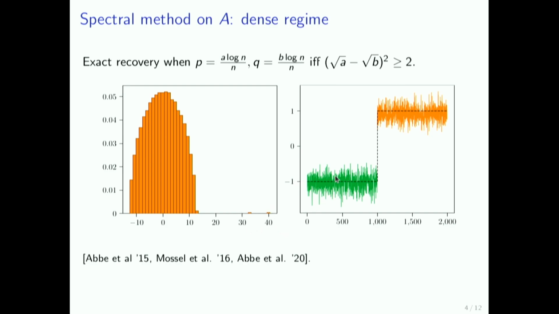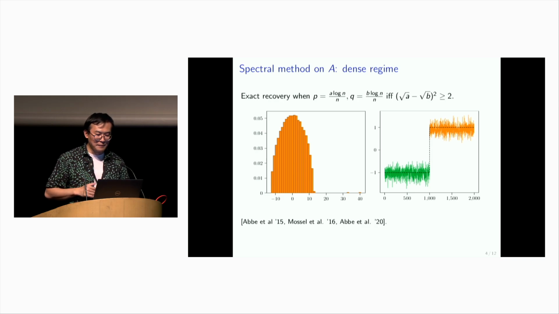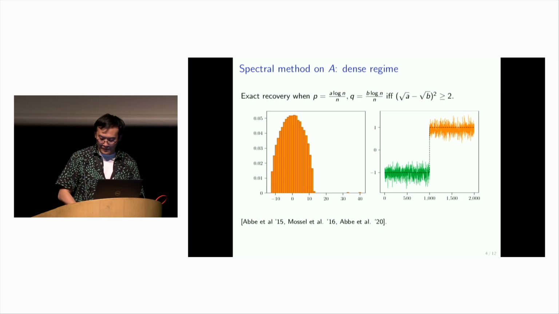If you look at the second eigenvector associated with this eigenvalue, you will see 2 types of entries that concentrate around either 1 or -1. So if we do a simple rounding procedure, it gives exact recovery for this problem. This is well understood in a sequence of papers by Abbe, Massoulié, and Abbe et al.